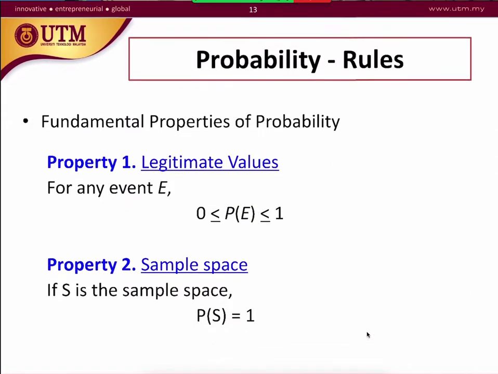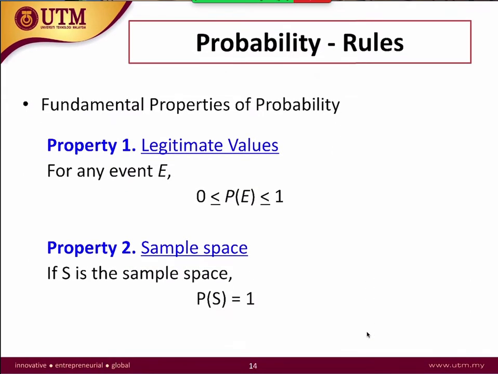In probability, there are certain rules that you need to remember. The first one is that for a probability, the only values we accept are between 0 and 1.